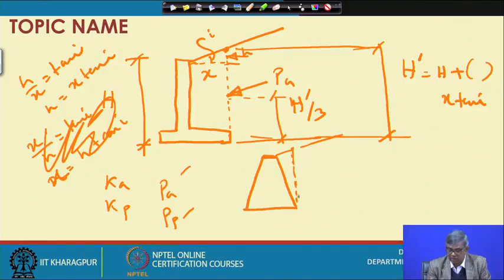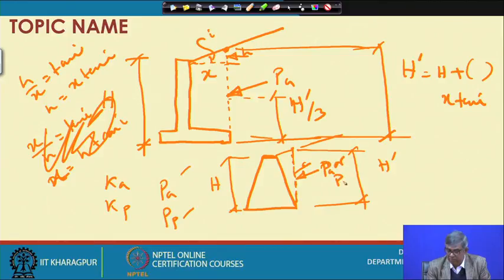We can draw a vertical line from here, and whatever height was h here, this height can be obtained as h dash, and then the resultant force Pa or Pp can be applied like this at h dash by 3 distance.